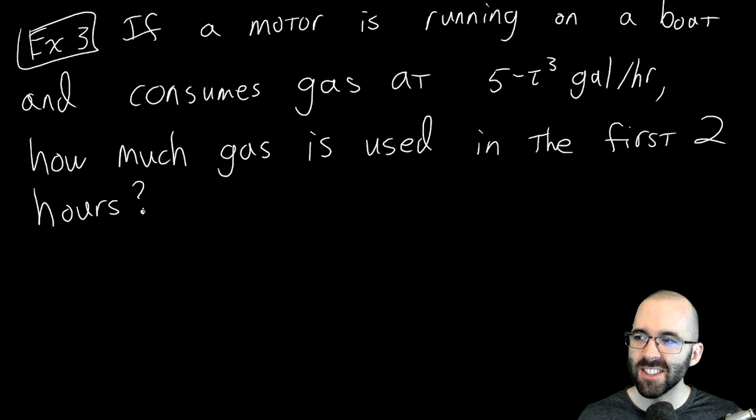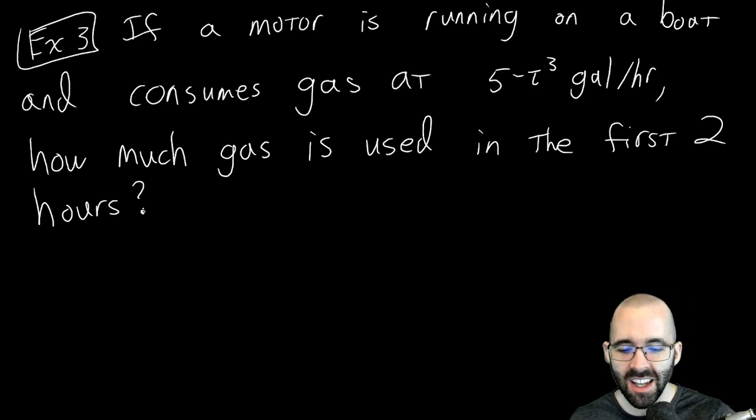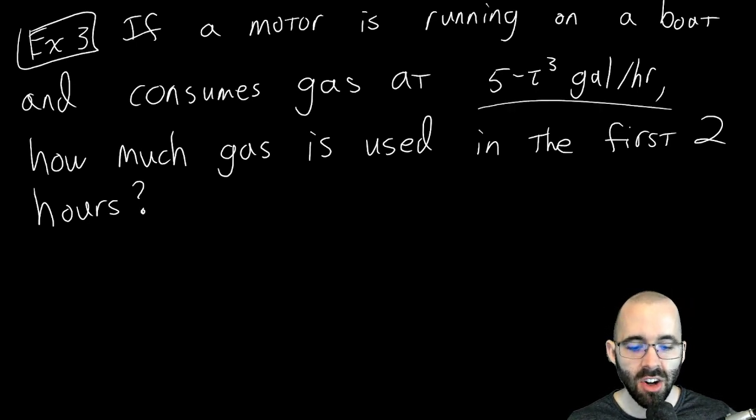Because look at this. Just think about this. What this is saying is at the very start, we're using 5 gallons every hour. But after 2 hours, how fast are we using gas? T is 2, 5 minus 8. After 2 hours, we're burning gas at a rate of negative 3 gallons per hour.